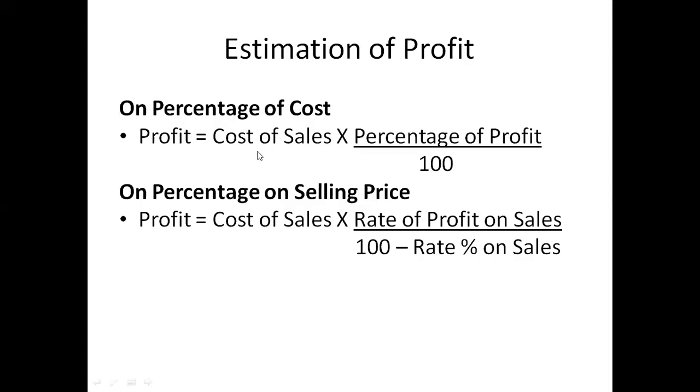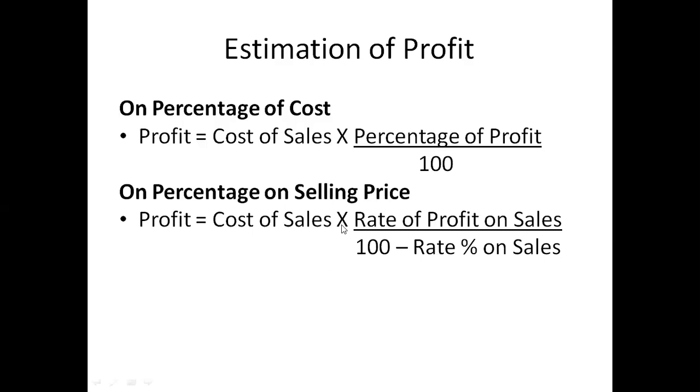That formula is profit equals cost of sales into percentage of profit divided by 100. So we multiply with whatever percentage is given. If it is given on cost, you can directly multiply and divide by 100. For example, the cost arrived is 1 lakh rupees, 1 lakh into 10%, multiply by 10 divided by 100, you can arrive at the profit.